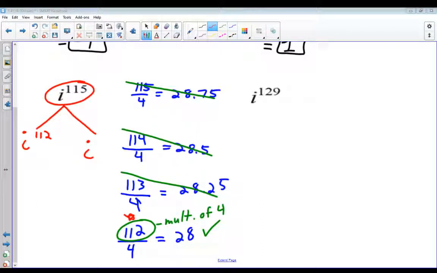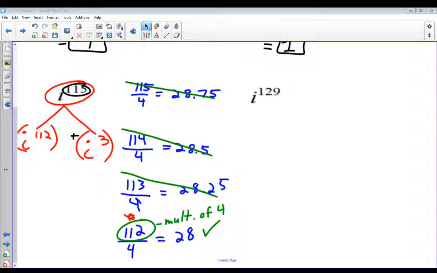But then the second power, we need this power to add to give us 115. So this power has to be 3. That way, 112 plus 3 gives us 115. So now I've taken 115 and I've split it into these two i's. And now that I've done that, I can solve each one separately.